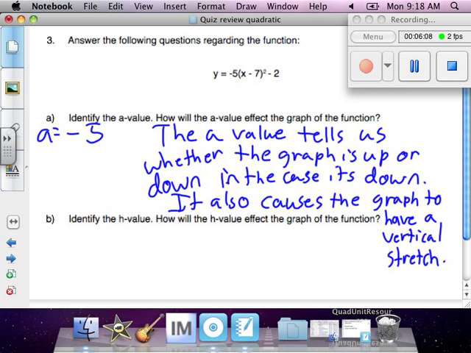So when we multiply it by a whole number, it makes the graph stretch and look really skinny. When we multiply it by a fraction, what do you think it does? It makes it really wide.